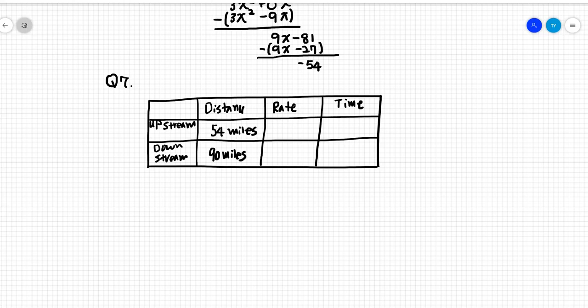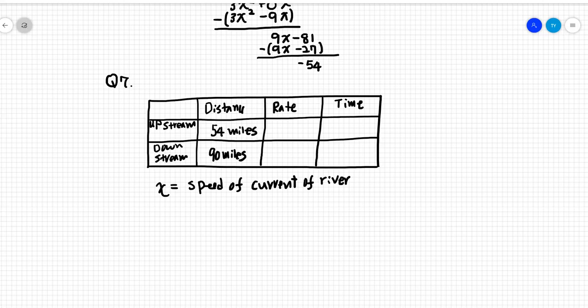Now if I call x equal to the speed of the current of the river, so if you go upstream, then you're going to lose this much speed, right?